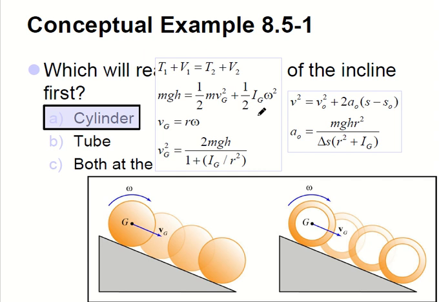We can calculate the linear velocity against the angular velocity by multiplying with the radius of that cylinder, and also of the tube. We can calculate the square of that using this equation. We move everything else to that side, and we can get vG squared equals 2mgh over (1 plus IG divided by r squared).